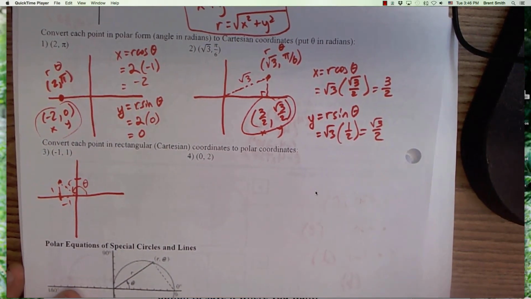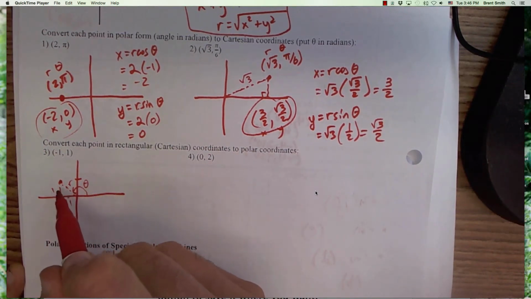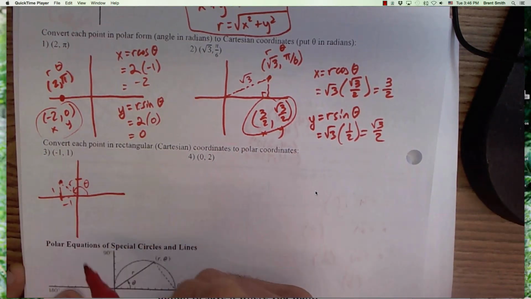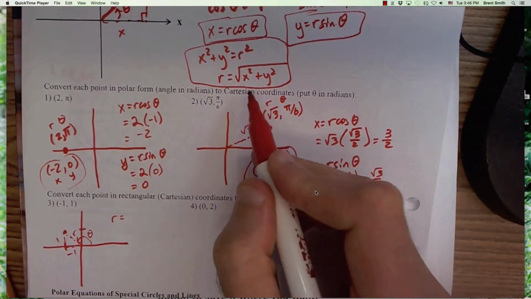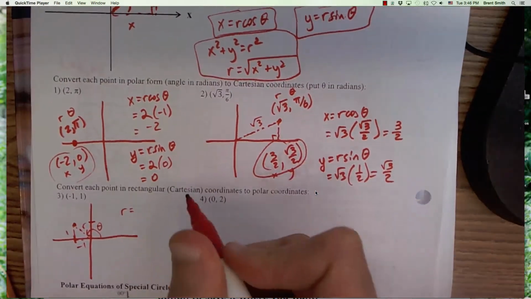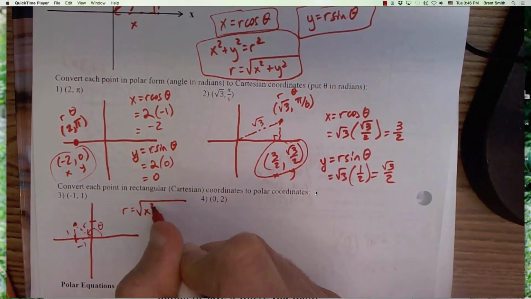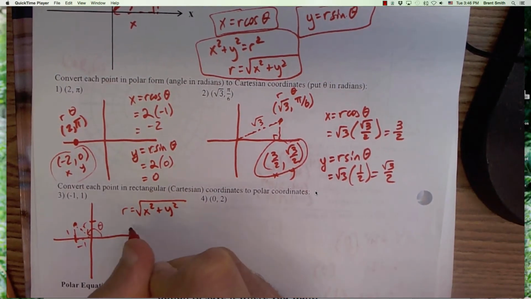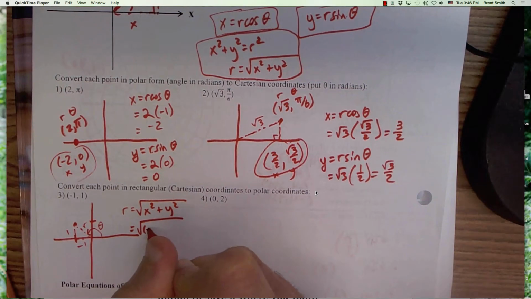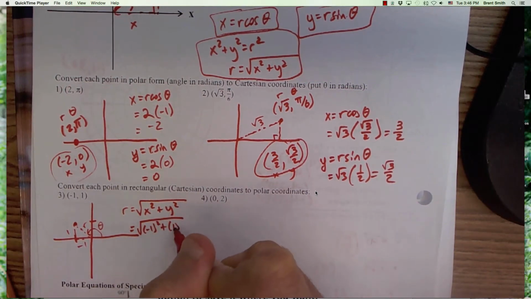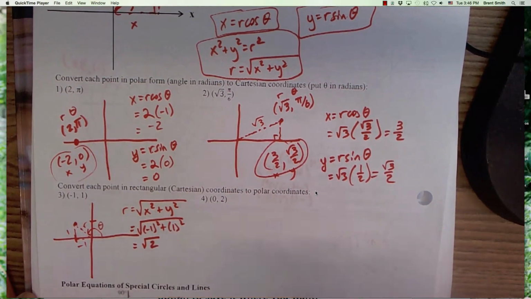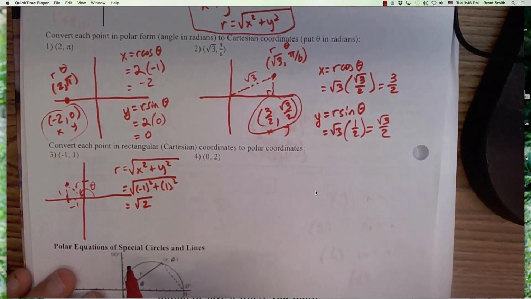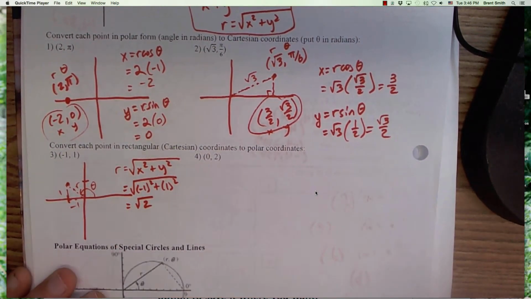Let's think about how we could get r. Well, r can just be found using the Pythagorean theorem, because we have a little right triangle there. So r equals, that's this little relationship right here, the square root of x squared plus y squared, negative 1 squared plus 1 squared. So we get the square root of 2. Theta. How can we find theta?